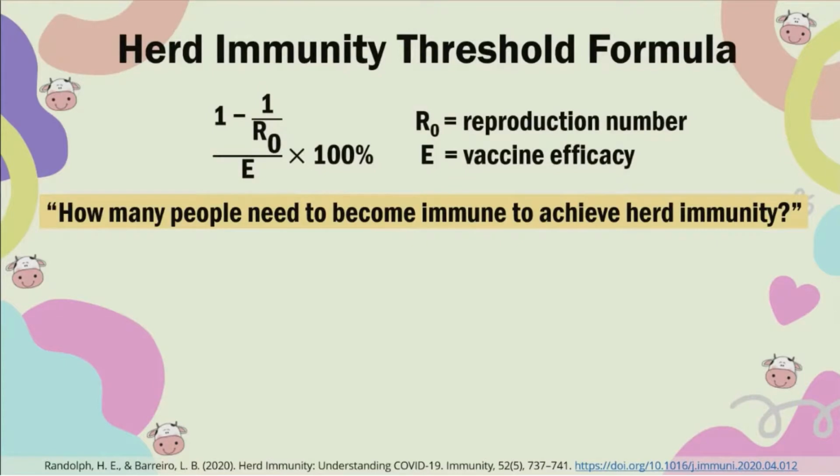1 minus the quotient of 1 over the disease's reproduction number, all over the vaccine efficacy, then multiply by 100%.